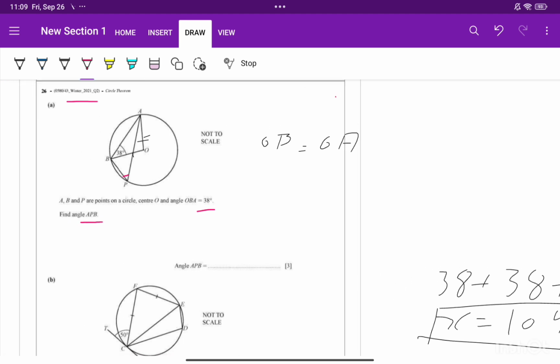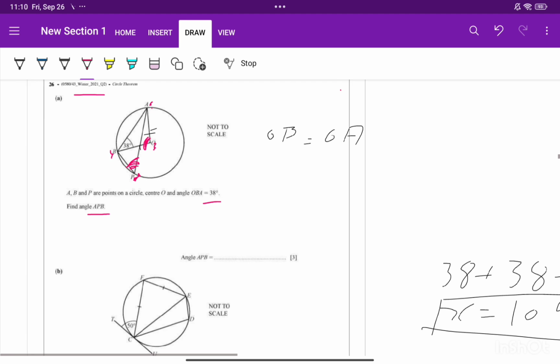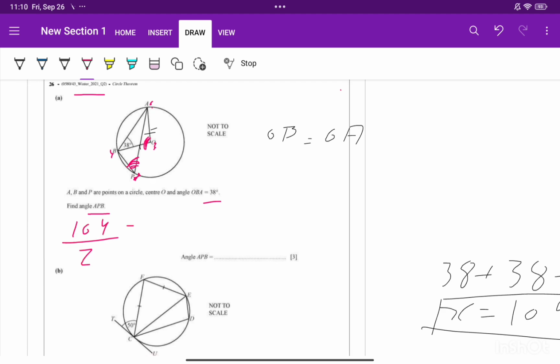So we know that the angle at the center is double the angle at the circumference, and angle APB is an angle at the circumference, and AOB is the angle at the center. So we know that AOB is double the angle at the circumference. As we know AOB is 104, so 104 divided by 2 will be 52.